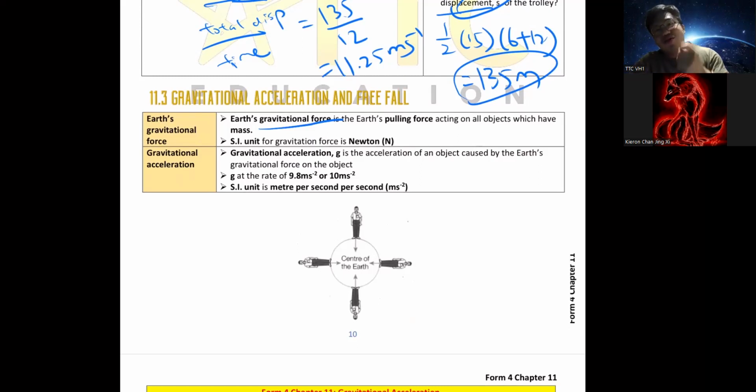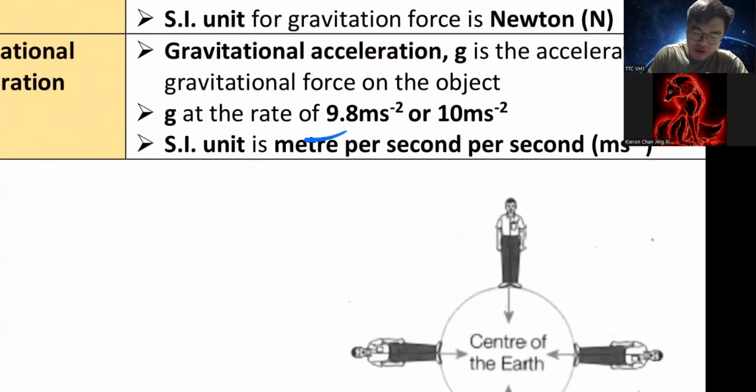So as it pulls you down, you will get the gravitational acceleration. And here's the thing: no matter where you jump, no matter how high you jump, no matter when you jump, I don't care, your gravitational acceleration will always be 9.8.